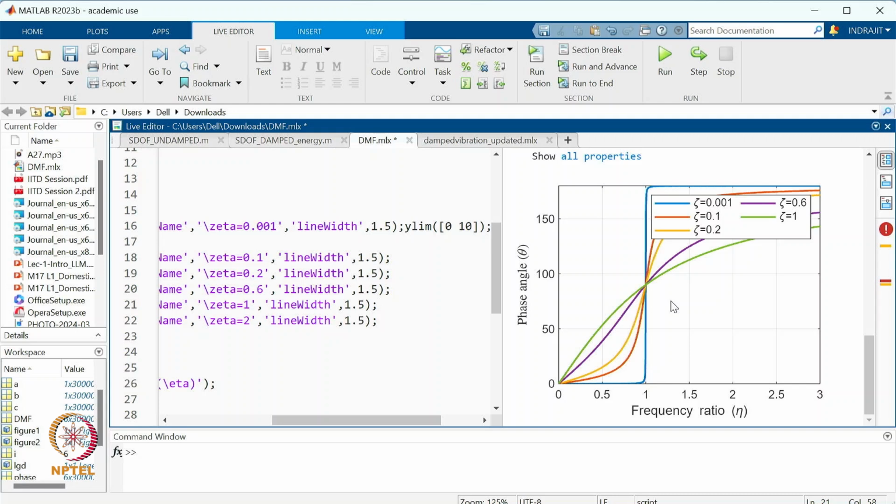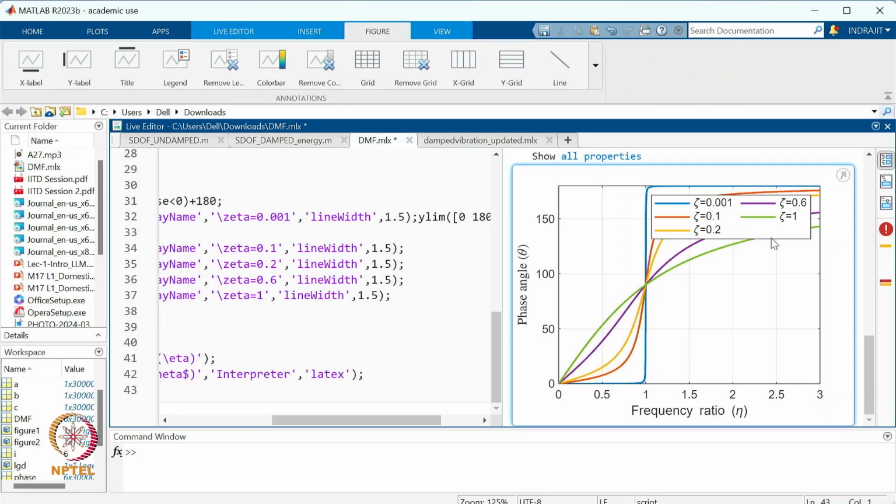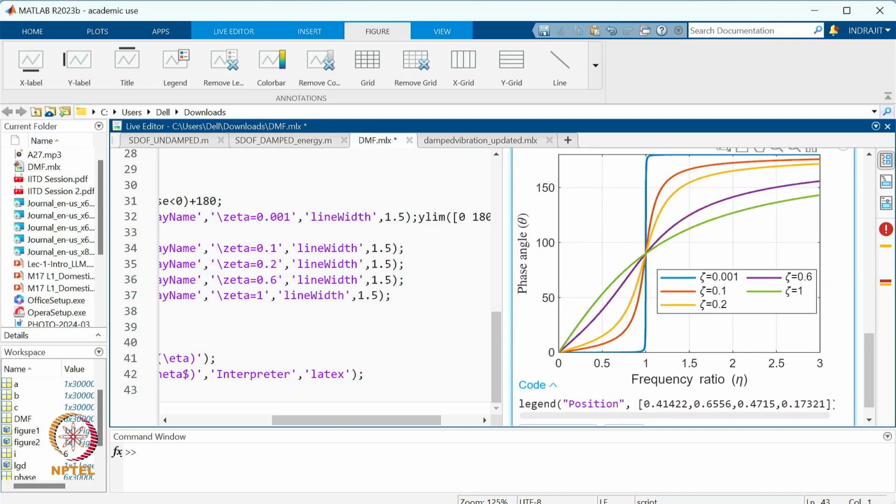That is a very interesting phenomenon. So you can see this phase goes to pi, that is actually 180 degrees. Now once you are increasing the damping, you can see these graphs changing like this.